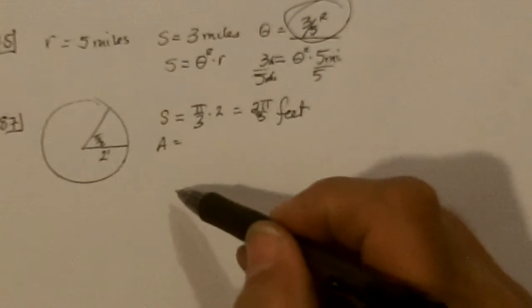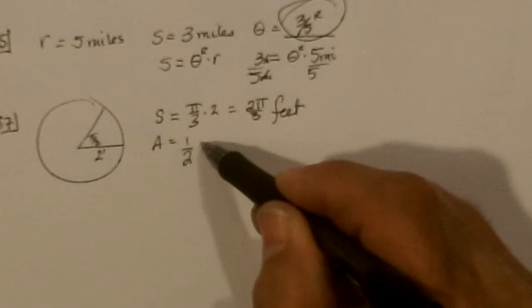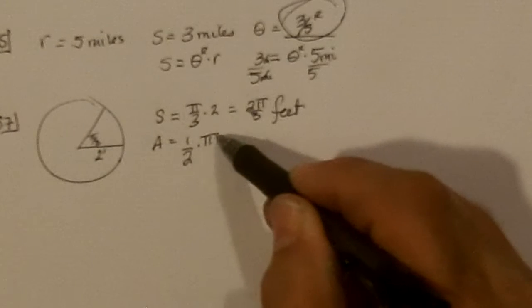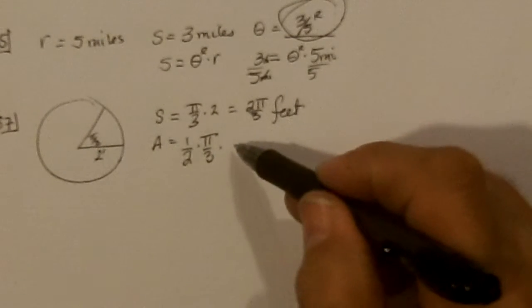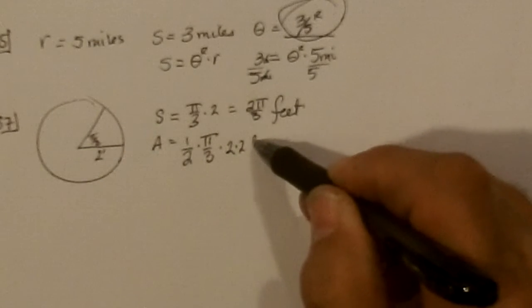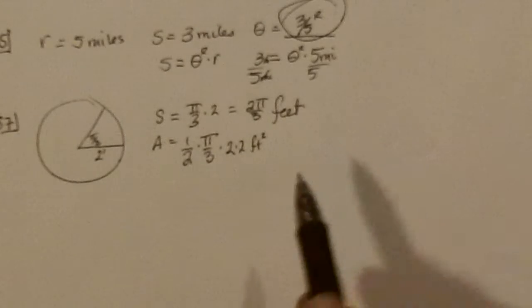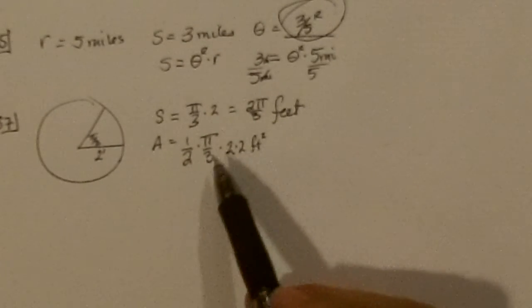And the area of the sector is 1/2 times the measure of the angle in radians, which was pi over 3, times the radius squared, which would be 2 times 2 feet squared. And area is in square feet, so that's good.